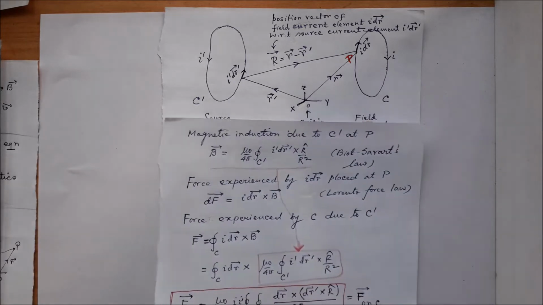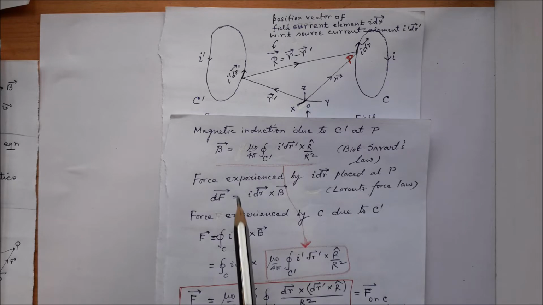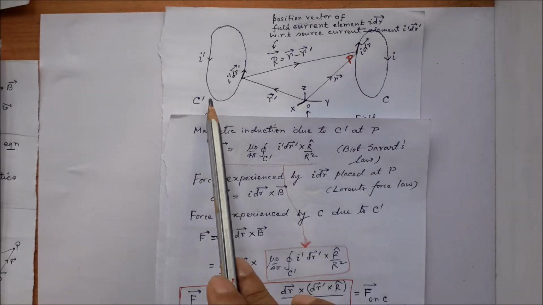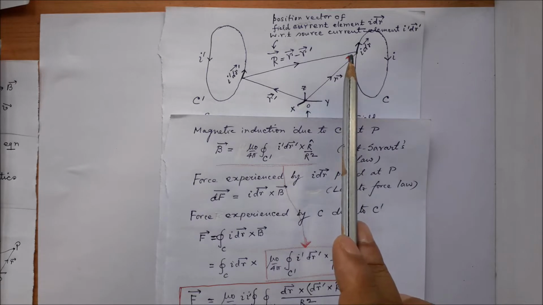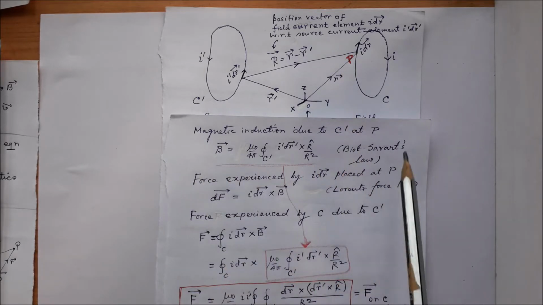Now, vector B due to C prime at P is given by this expression, which is Biot-Savart's law.